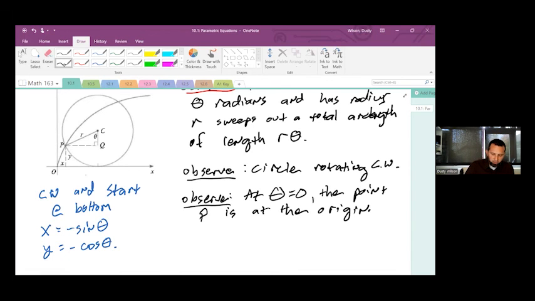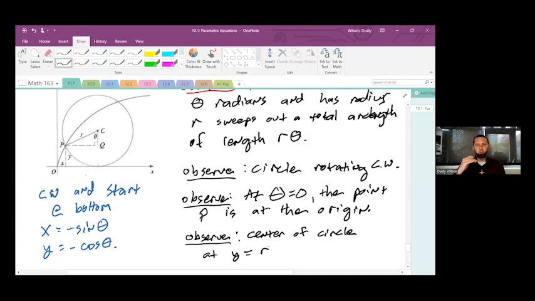So now let's observe that the center of the circle will have a y value at y equal to r.